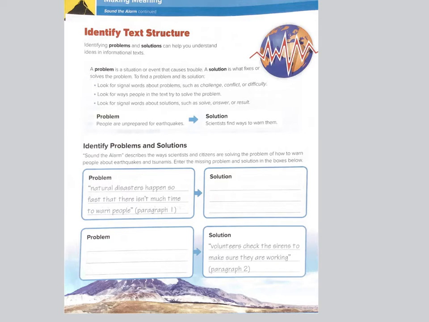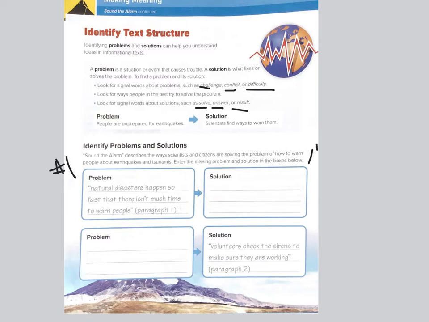One we came across was challenge, another is conflict, and difficulty. Now, when we're trying to solve a problem, we're going to look for keywords like solve, answer, and the result of. So as we looked here, we noticed that the problem in paragraph 1 was natural disasters happen so fast that there isn't much time to warn people.